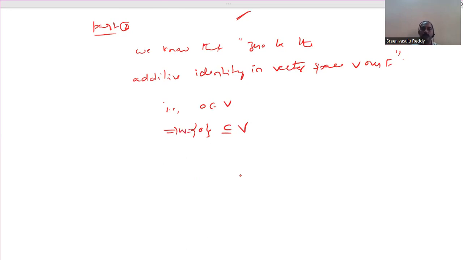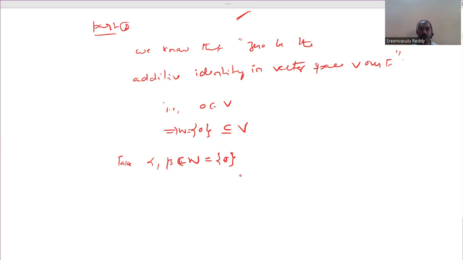Now you observe that we take alpha, beta from W. How many elements are there in W? Only one element. It means alpha is 0, beta is 0. Here my intention is that alpha, beta are in W. These two may be equal or unequal.